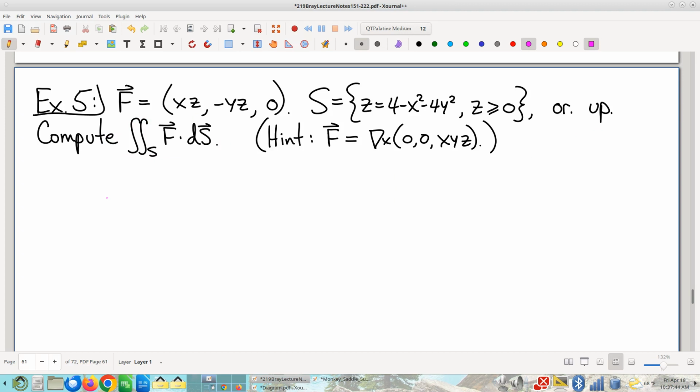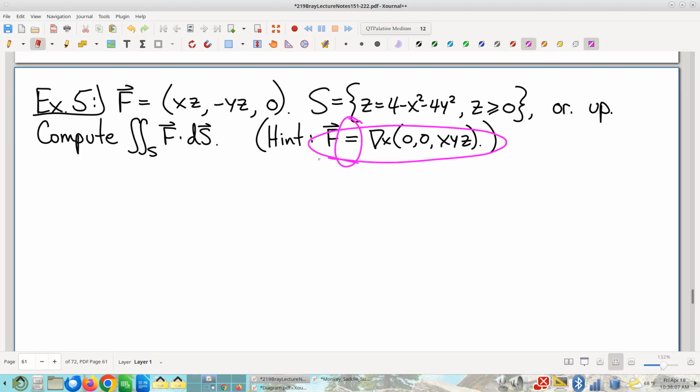I think this is a good thing to be on the lookout for. Even though the divergence computation would be pretty straightforward, we don't even have to do it. I immediately know divergence is 0. It says right here, our vector field is a curl. F is the curl of that thing.